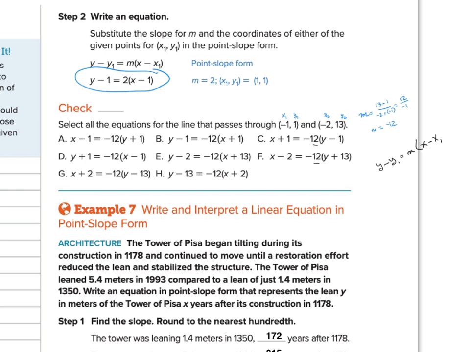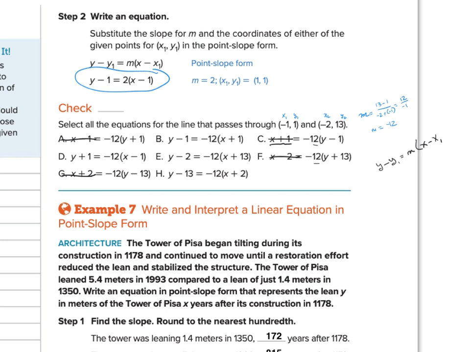So I will say right here, that is the wrong format for my equation. So I can remove that one, I can remove that one, I can remove this one, and I can remove this one, because they are not the right format for point slope.